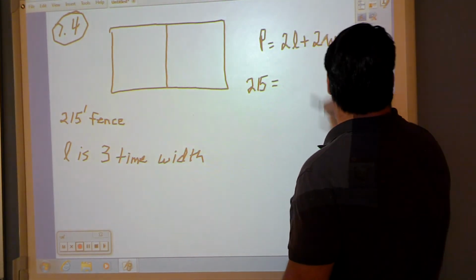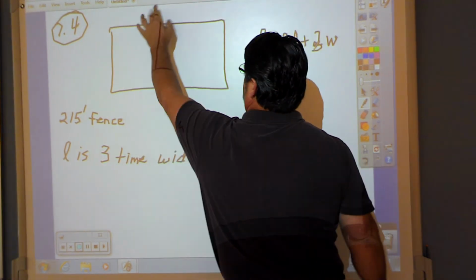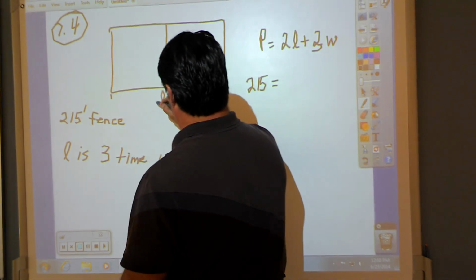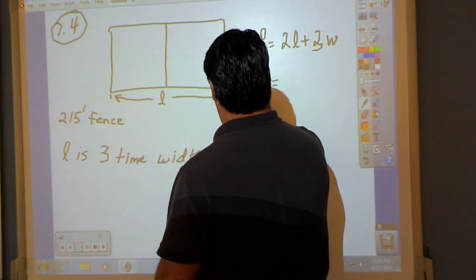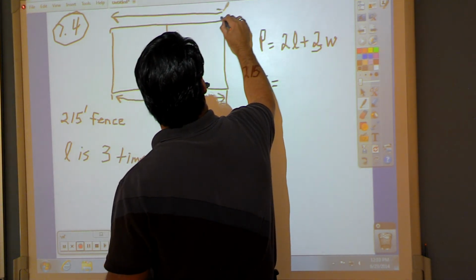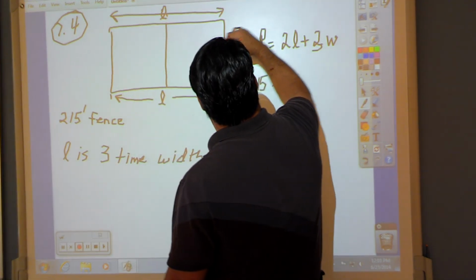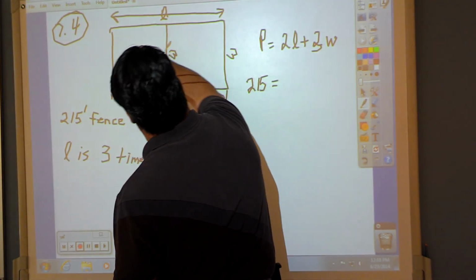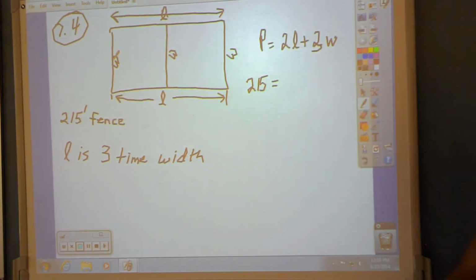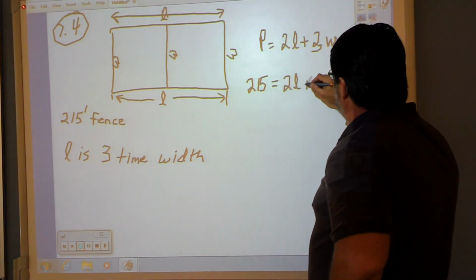Why? Because it's 3 times. Because you have 3 W's right here. There's the W's, and here's the 2 lengths. Here's your length, and here's your length. There's your 2 lengths right there. And then you got a W here, or a W, depending on where you're from. And that's the 3W. Alright, so 2L plus 3W.